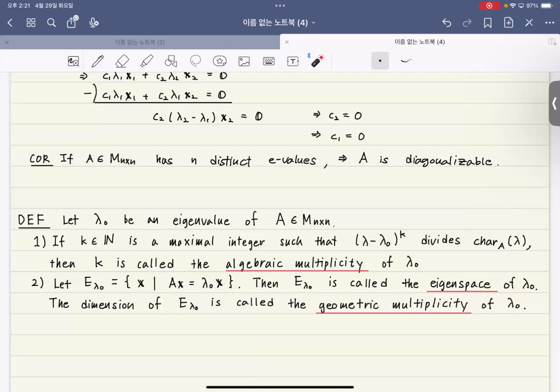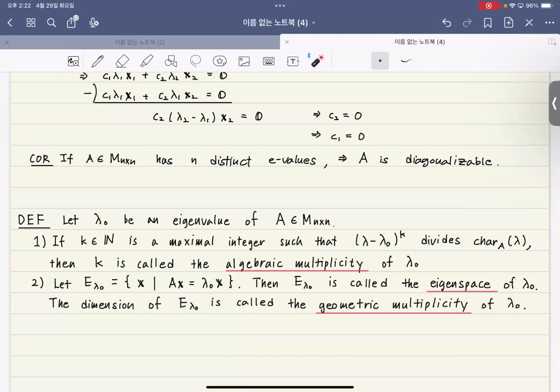I will begin with the algebraic multiplicity. If k is the maximal integer such that lambda minus lambda 0 to the k divides the characteristic polynomial of A, then k is called the algebraic multiplicity of lambda 0. That sounds very tricky, but it's not a big deal.